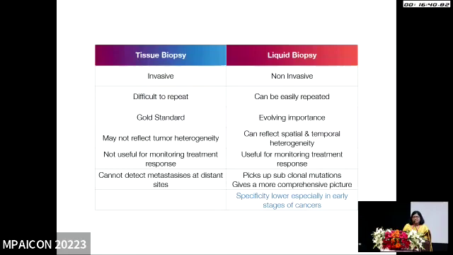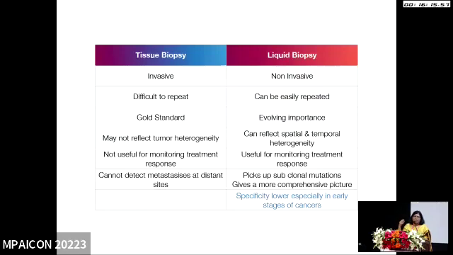So the basic difference is that tissue biopsy, as we know, is invasive, and liquid biopsy is non-invasive. And apart from that being the gold standard and all, the sample that we take on a tissue biopsy might be representing just that particular location, whereas in liquid biopsy you get a holistic picture. That's why it addresses spatial heterogeneity.